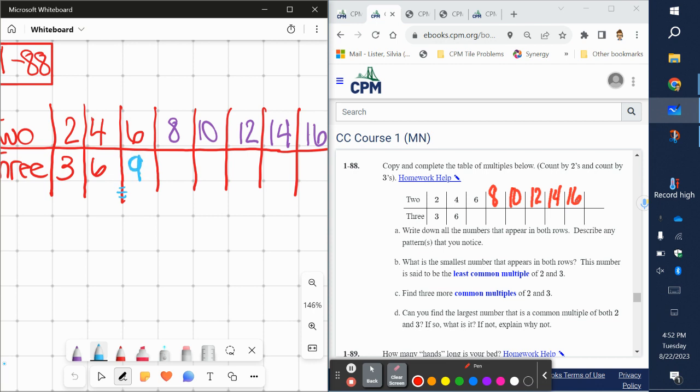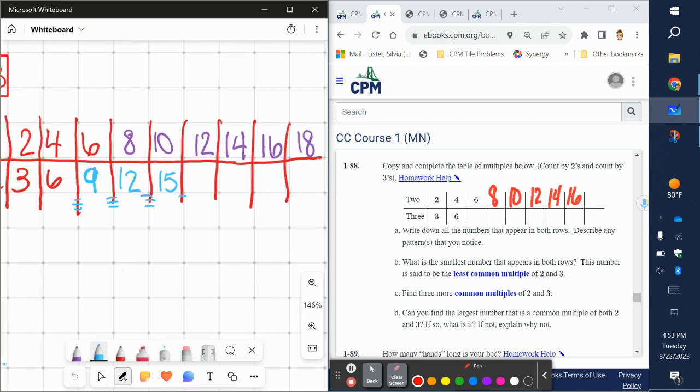And then I can do that again. 9, 10, 11, 12. Okay, so this becomes 12. 13, 14, 15. And I'm just going to keep using my little table as a little helper. 16, 17, 18, 19, 20, 21, 22, 23, 24, 25, 26, 27.